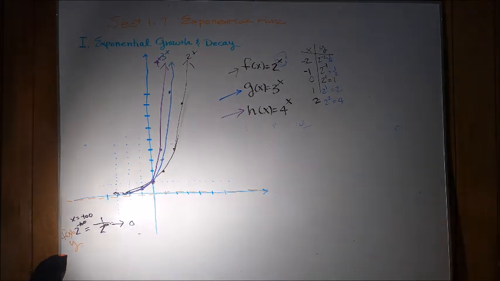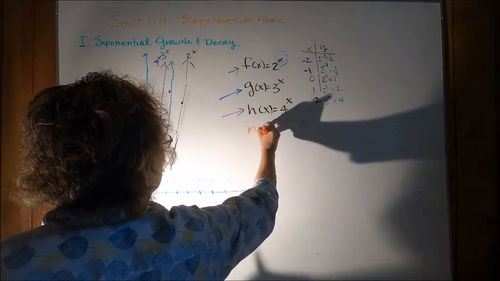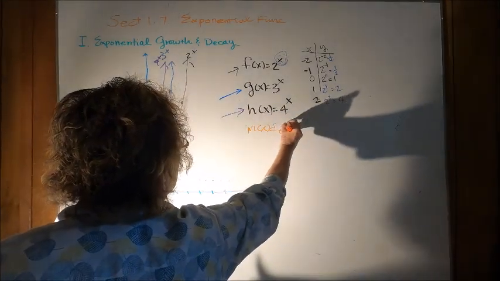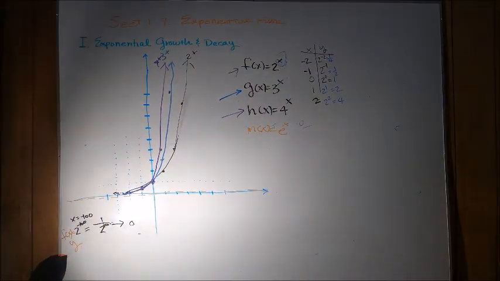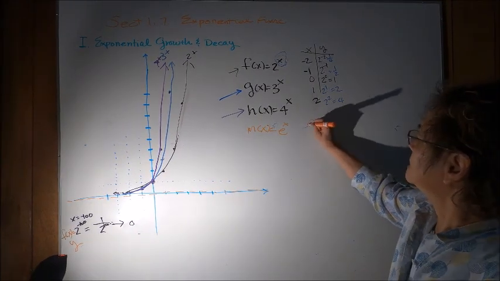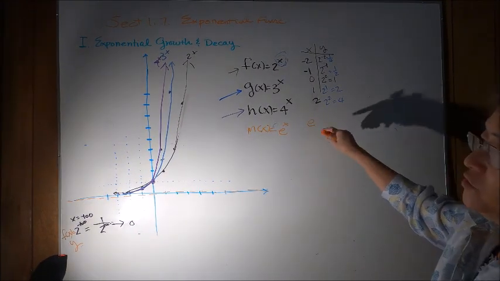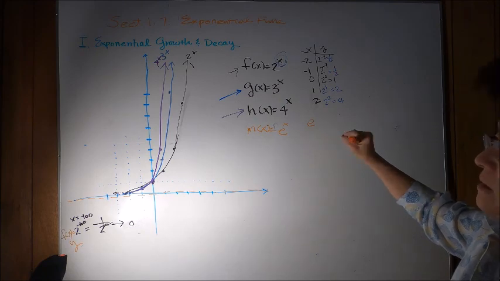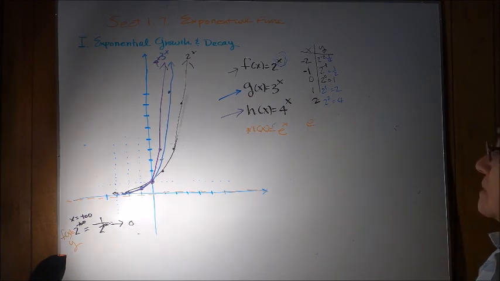So next one, another function, the base is e. What is e? Use the calculator and take a look. You might have e on your calculator, maybe on top of some buttons.